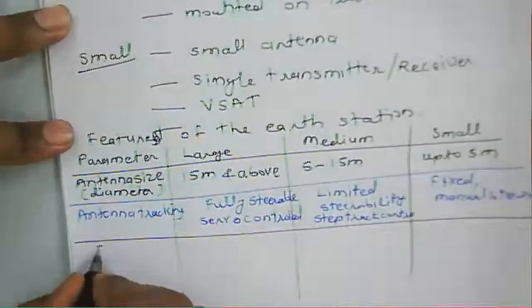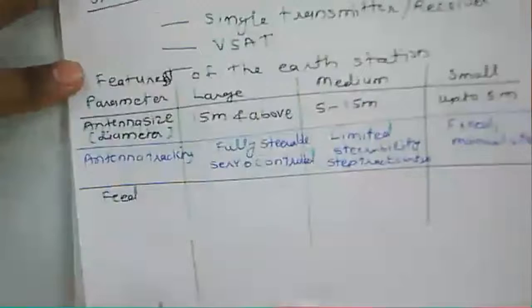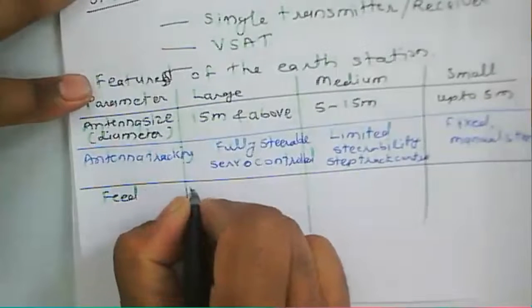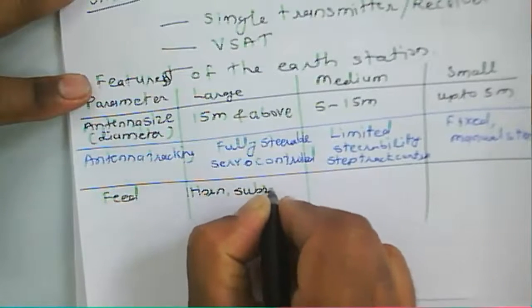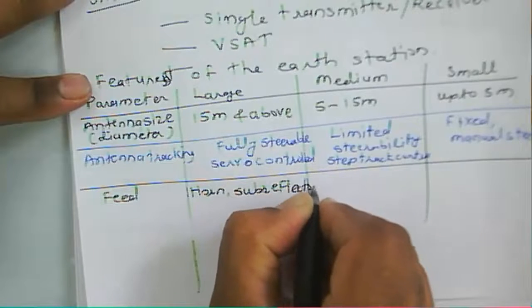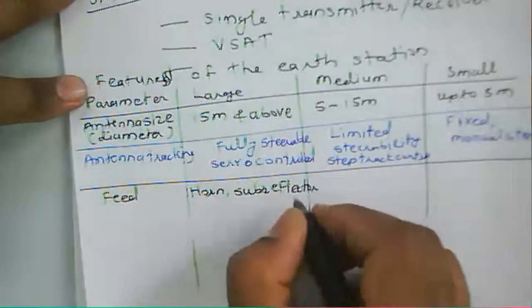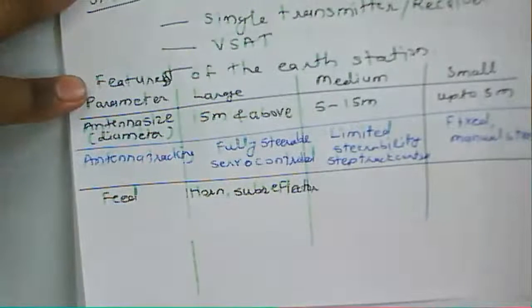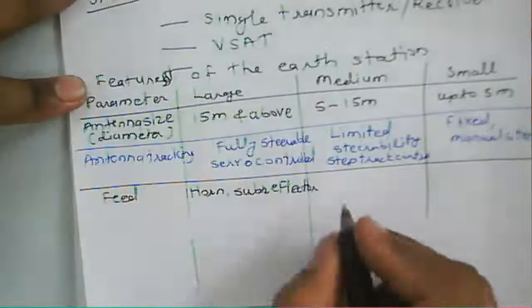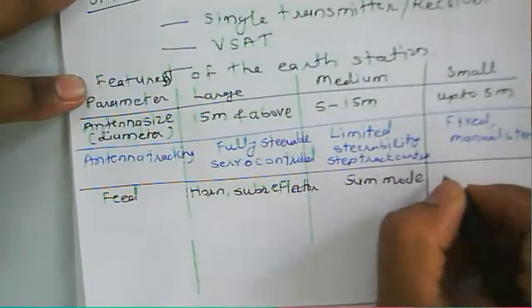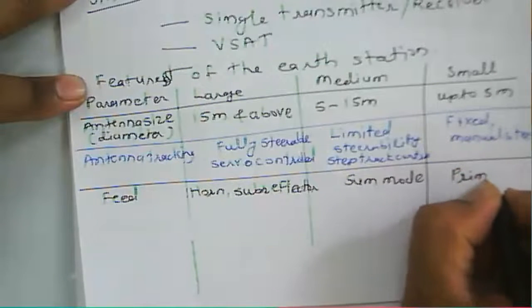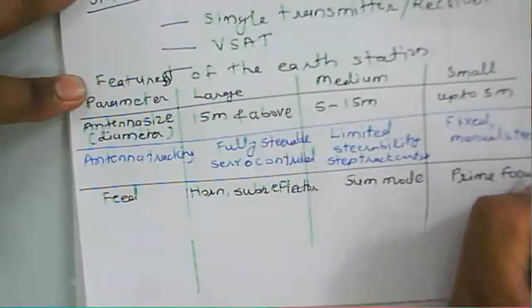Then what feeding is used for this antenna? The feed system can be a horn or a sub reflector. Then the feed system is some mode, or it has a prime focal.